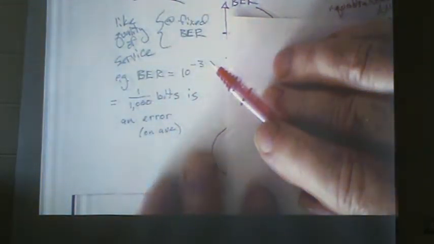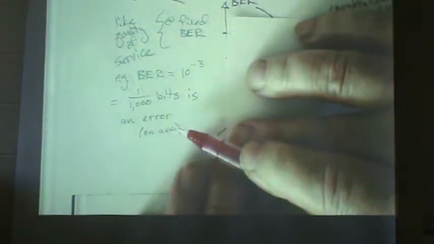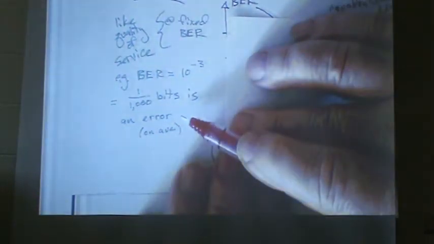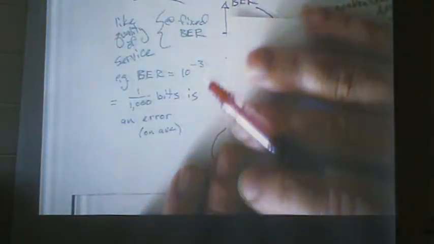For example, a bit error rate of 10 to the minus 3 means on average 1 out of every 1,000 bits is a mistake. That's starting to get annoying even if it's just a telephone call, right? If it's a banking transaction, that's disastrous.